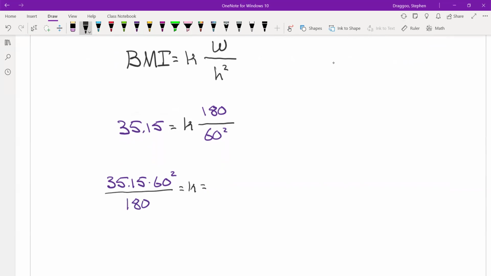And we can plug that into a calculator. Ooh, I got just a heck of a number over here.